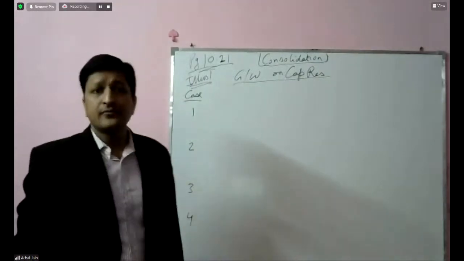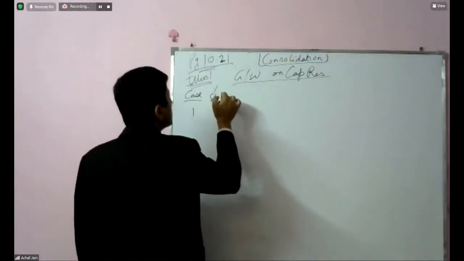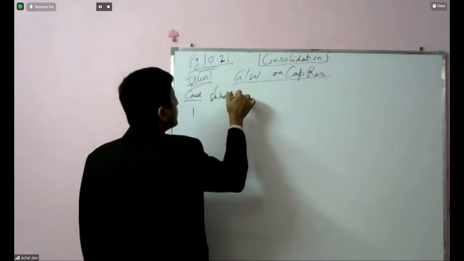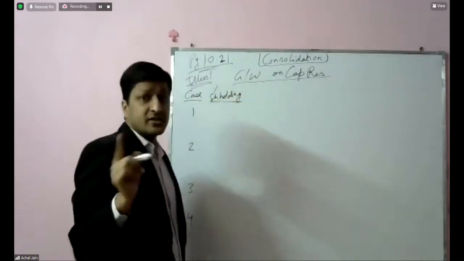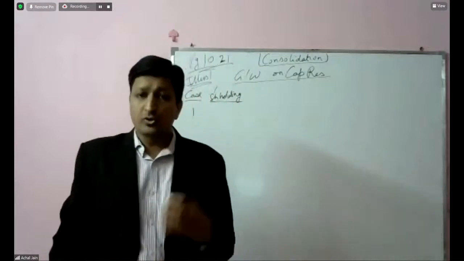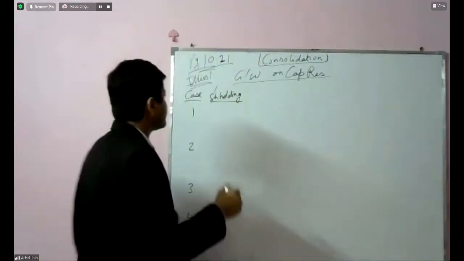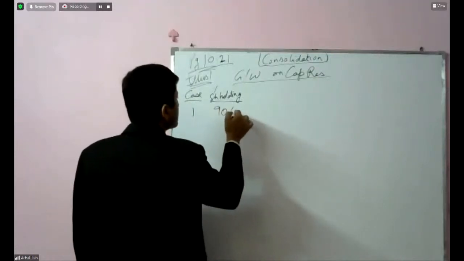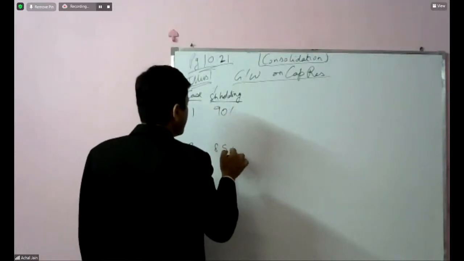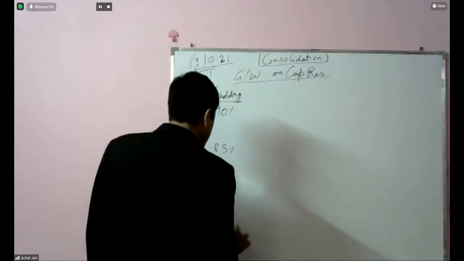In the first scenario, what's the percentage shareholding? Now, do we need to look at the minority percentage? No. We need to look at the majority percentage. Why? Because goodwill or capital reserve will be required for majority only. So this is 95%, this is 85%, this is 80%, and this is 100%.